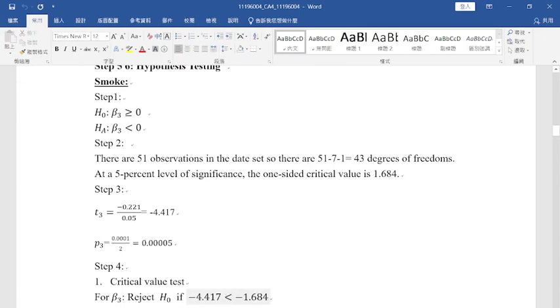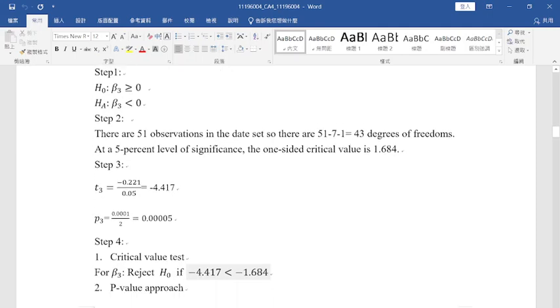And for the smoke, we hypothesize the variable should be smaller than 0, so the critical value should be negative.